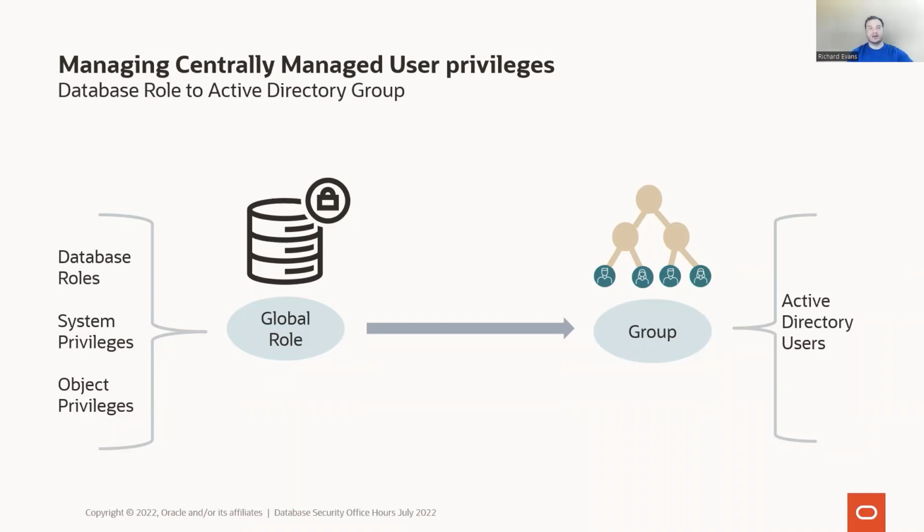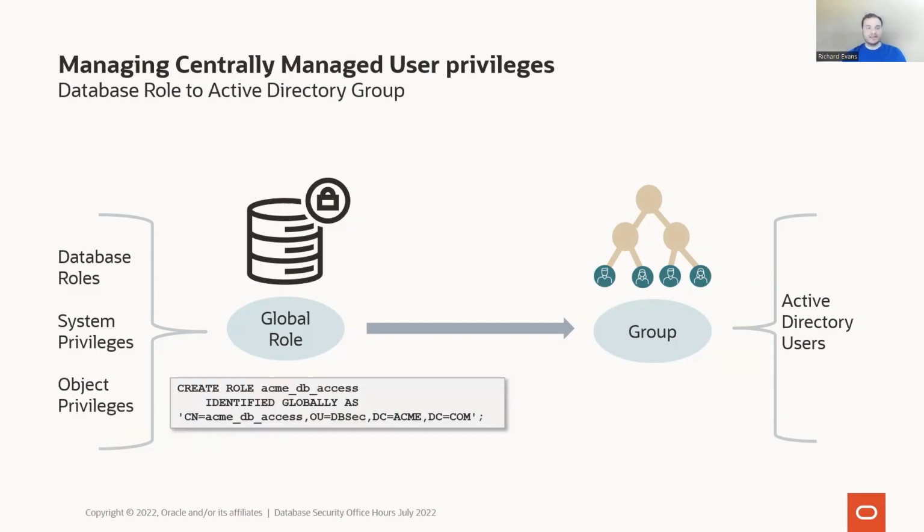The idea is on the left-hand side, we've been working with our database roles, system privileges, and object privileges, right? We want to create a global role, and we want to map that to the Active Directory groups on the right-hand side. So we're going to create that role, Acme DB Access, identified globally as, and we're going to pass it the CN, the OU, and the DCs, right?